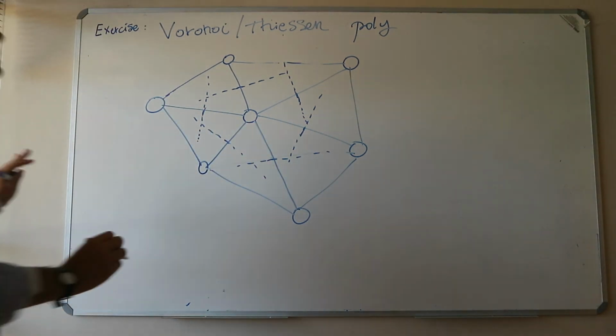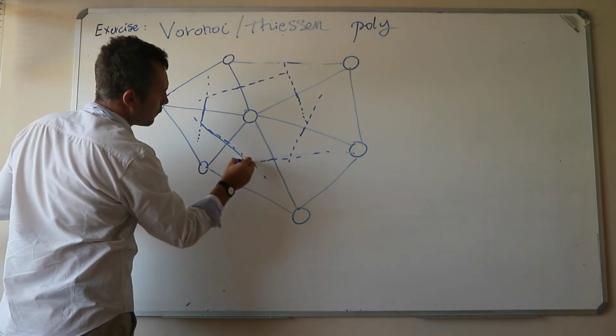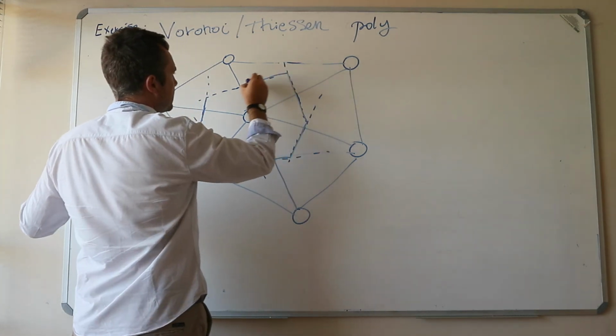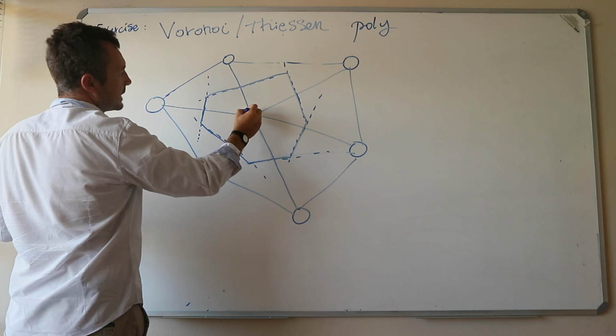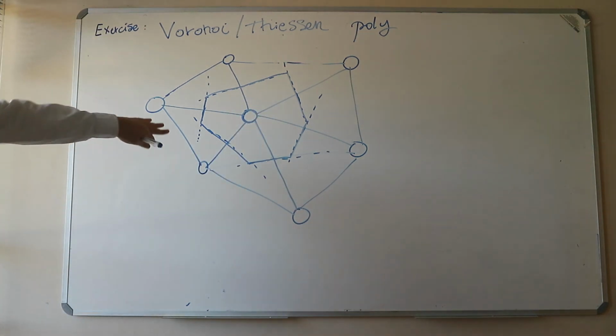So you can see this is the area of influence, for example, of this meteorological station. So this is the area of influence.